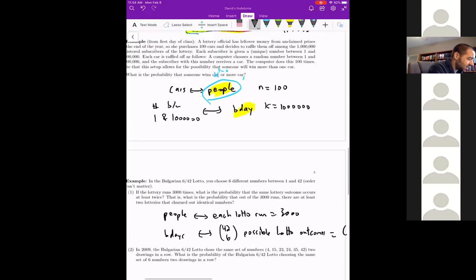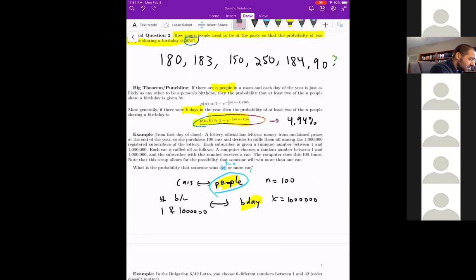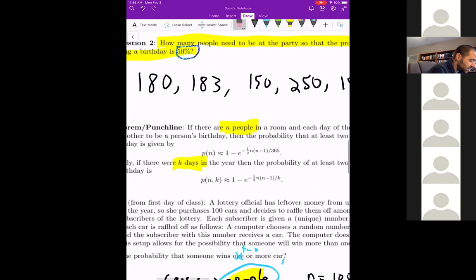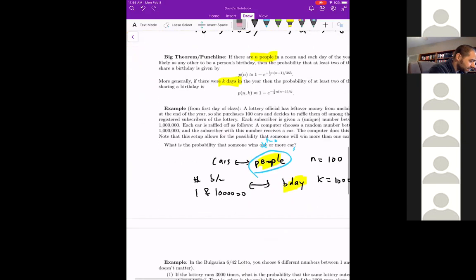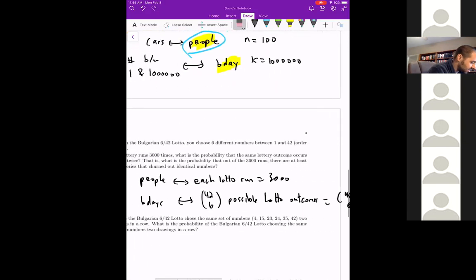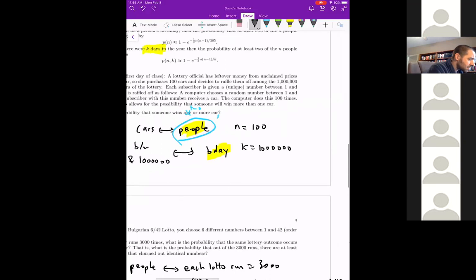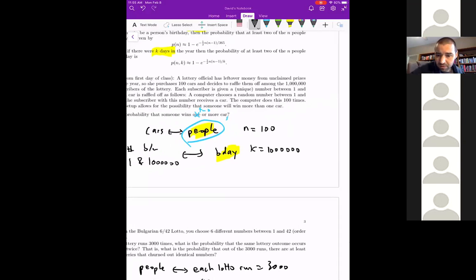Now you hop back up to this formula here and just plug those in, right? N is the number of people, K is the number of birthdays. So does anybody have that, or should I type it in? All right, I can ask Wolfram.